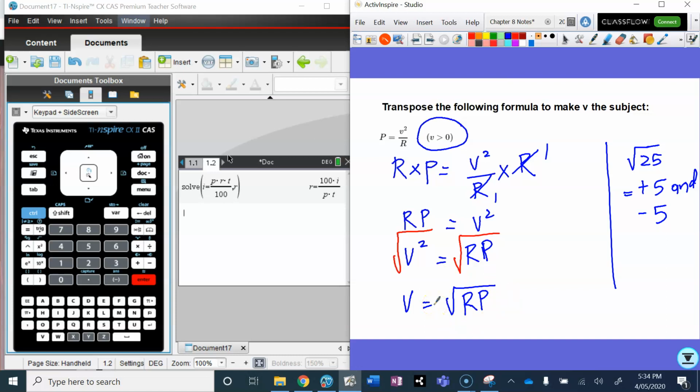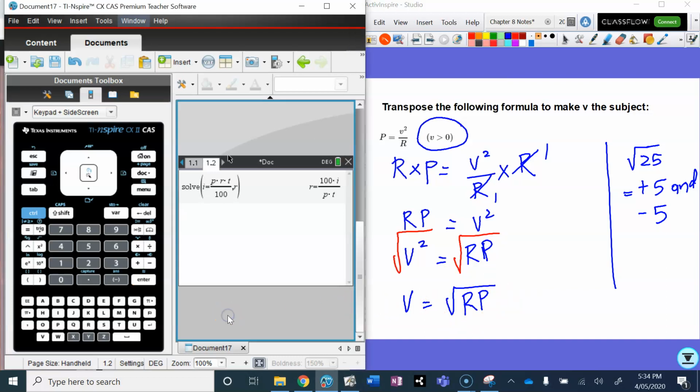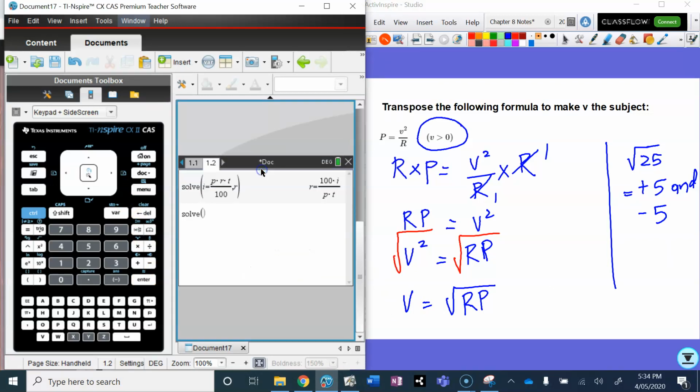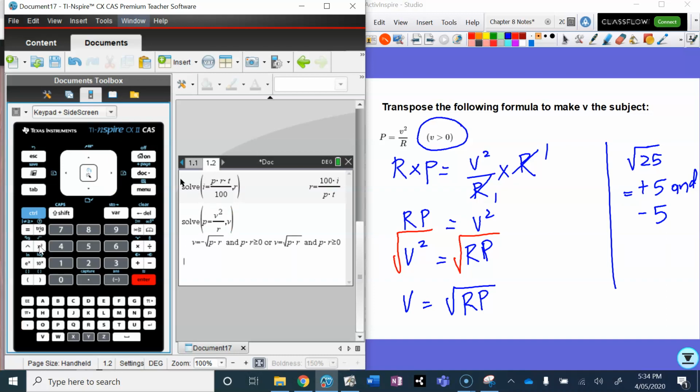So when you do that on your calculator, if you're doing something like that using solve, menu, algebra and solve, type in the equation as you see it in the original question, P is equal to, with your fraction template again, V squared divided by R, and we want to solve that for V, comma V. When you hit your answer, you'll be a bit shocked at the answer there.